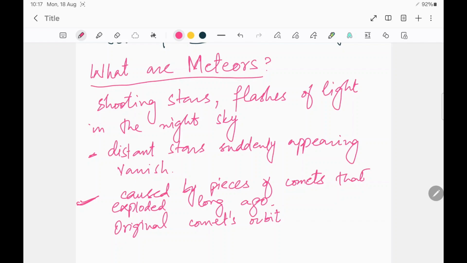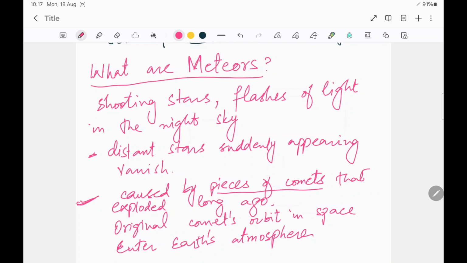That means the path on which the comets used to run, they also travel in the same orbit in space obviously, and sometimes they enter Earth's atmosphere. So they are part of or the pieces of comets, and normally as we already said, they are traveling in space, but sometimes they also enter the Earth's atmosphere as well.